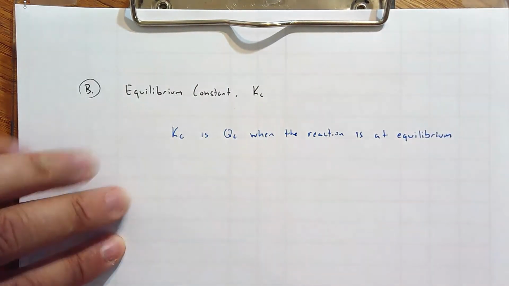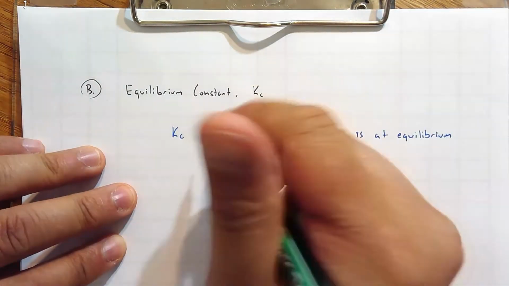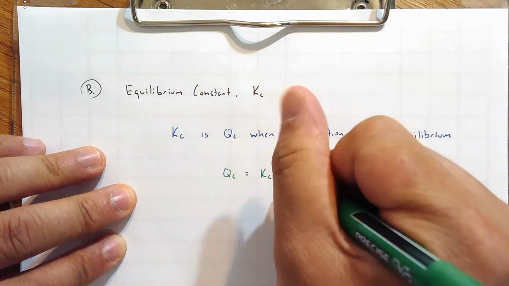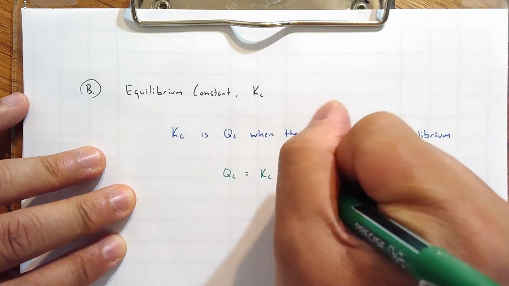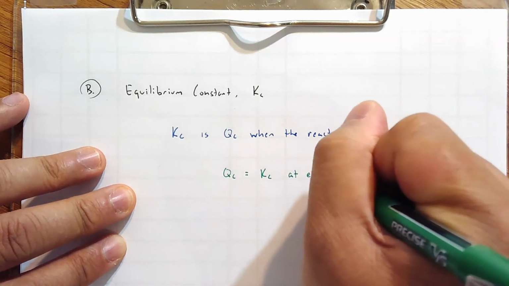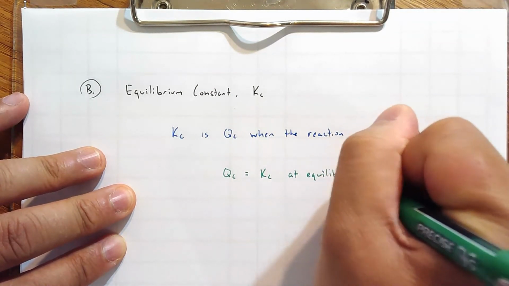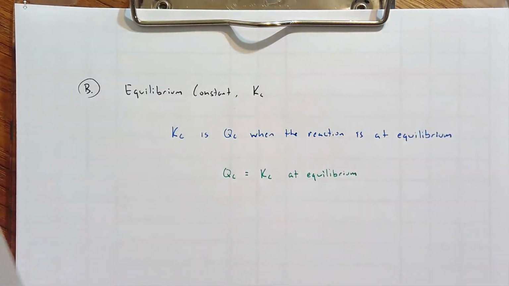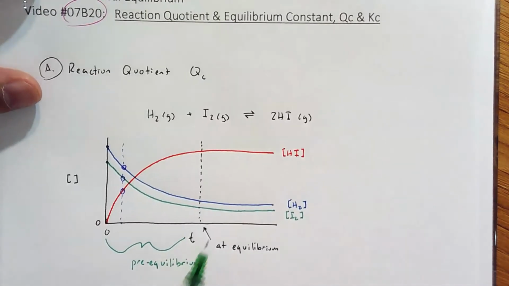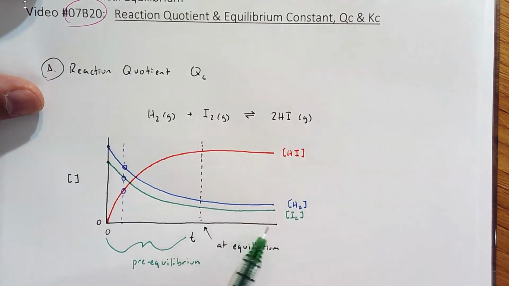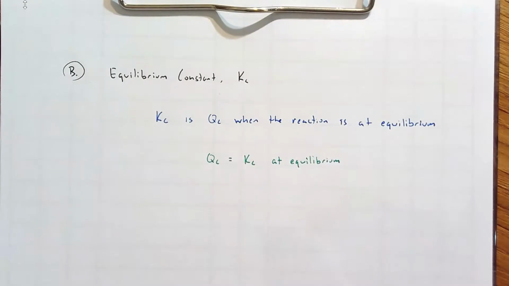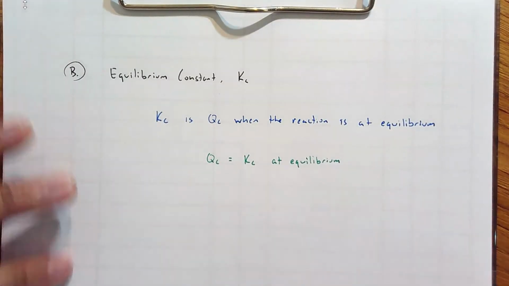Another way you could say that is QC equals KC at equilibrium. So if you think about it, KC only applies when you're at this time or beyond this time, because that's when the concentrations are at equilibrium, that's when the concentrations are held constant.